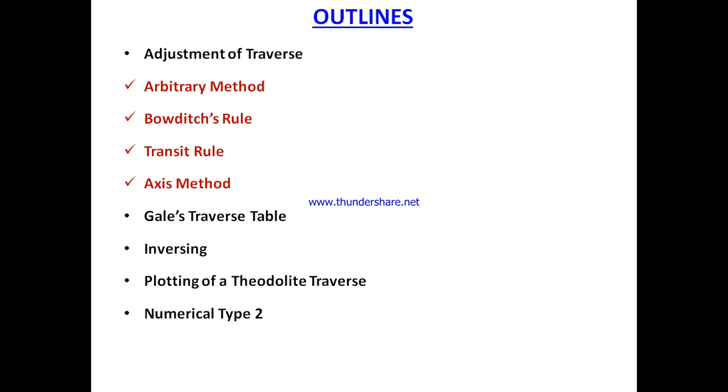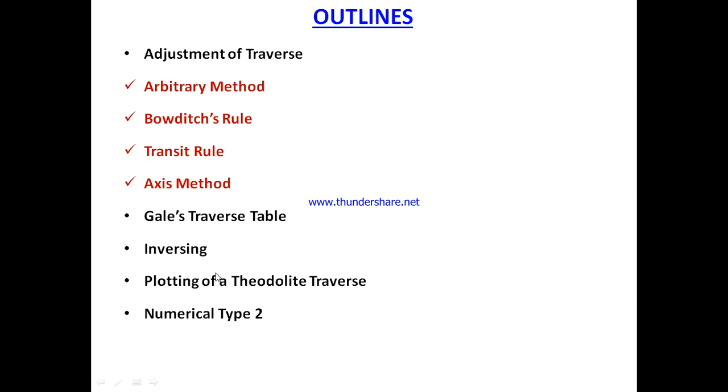For example, if I have a traverse A, B, C, D, E, we need to determine the independent coordinates of each station A, B, C, D, E. We are going to determine them with the help of the last point, that is E, and we know the coordinates of the last line, that is EA, and from that we calculate all the coordinates of the remaining traverse lines. So with the method of inversing, we learn how to determine the coordinates.